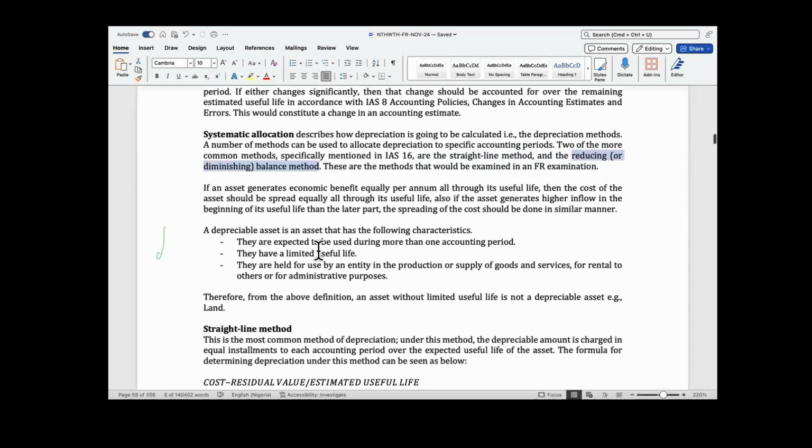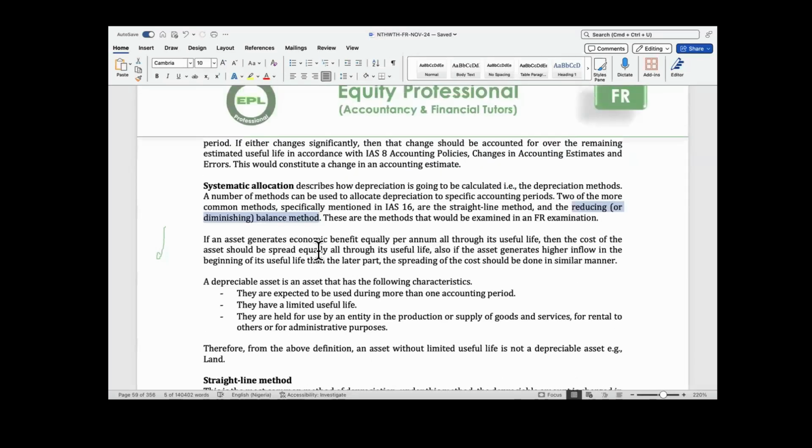And when we are talking about depreciation, you can only depreciate a depreciable asset. I asked you before to list the characteristics of a depreciable asset. From all my explanation, a depreciable asset must be used for more than 1 year. A depreciable asset must have a limited useful life. An asset whose useful life is unlimited, you cannot depreciate it, because how do you want to allocate?